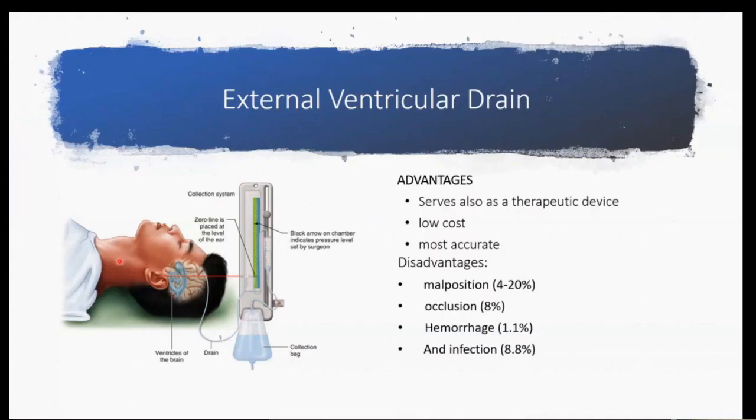We zero it and put it at the level of the external auditory meatus, and it is used to drain CSF from the mid ventricle while giving us a very accurate measurement. The problem is it can cause hemorrhage, infection, occlusion, and malposition. All of these complications do happen, and the worst of them is infection and ventriculitis.